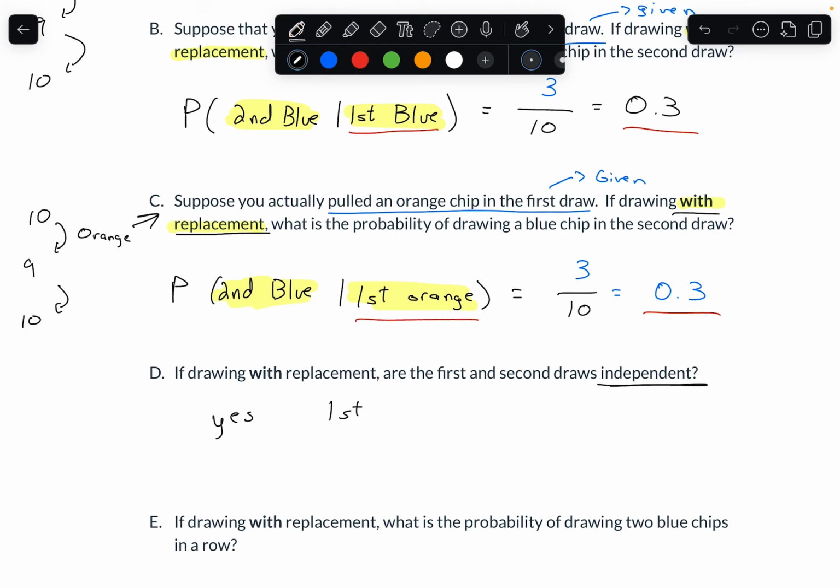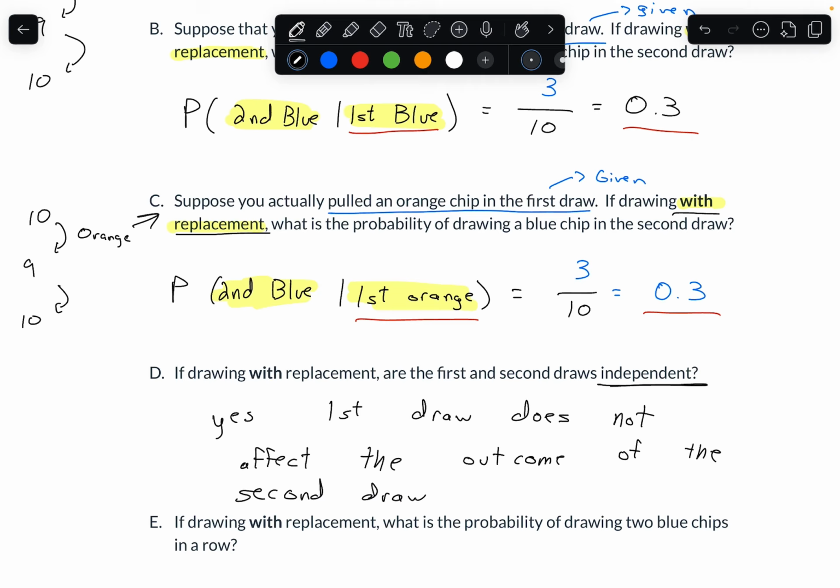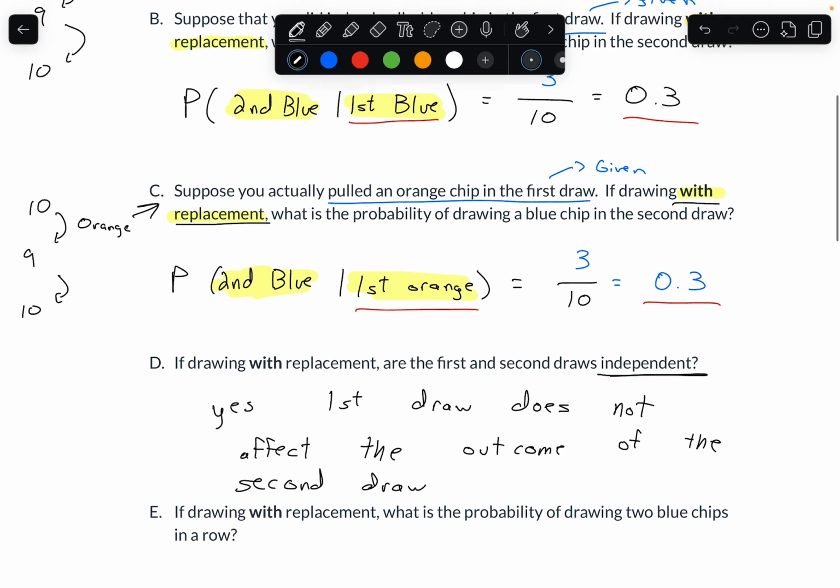So the first draw does not affect the outcome of the second draw. So that's what I'm thinking about with independence. And you can look at these and tell that the probabilities are exactly the same. I want to know, hey, does the outcome of that first trial affect the outcome of the second trial?